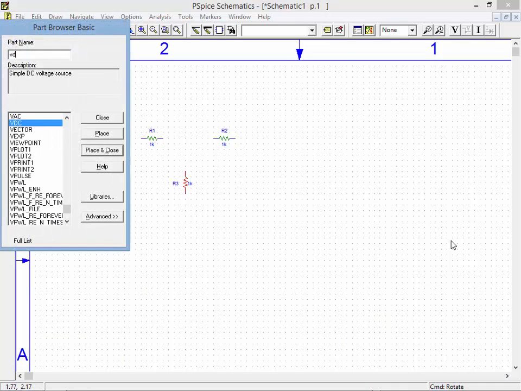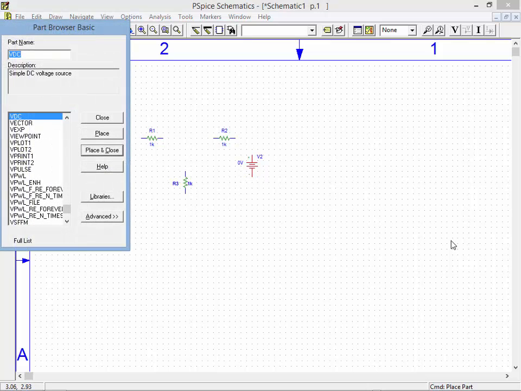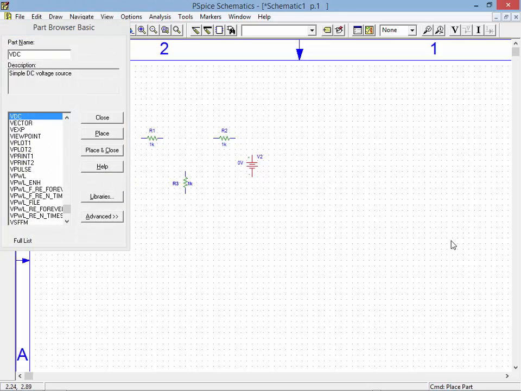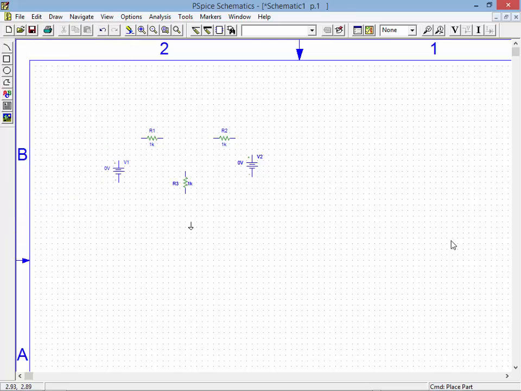And then we had two voltage sources, so that's a VDC, 2 voltage sources right here. And then we always have to put a ground. There's our ground point, and then we just simply wire things up here.